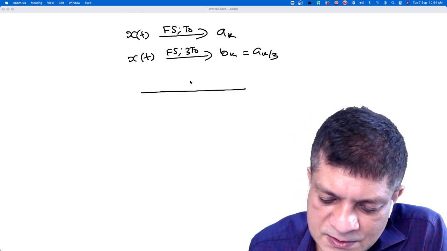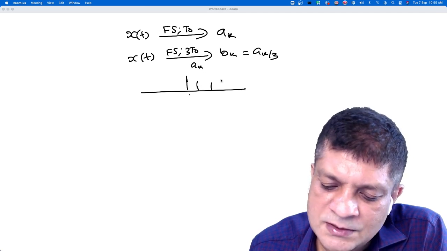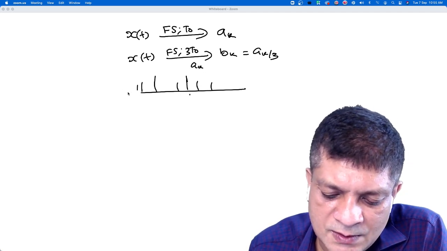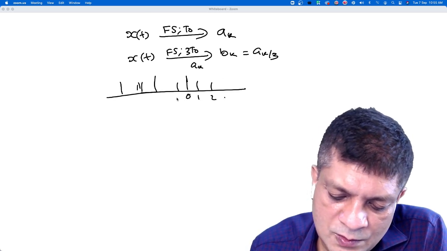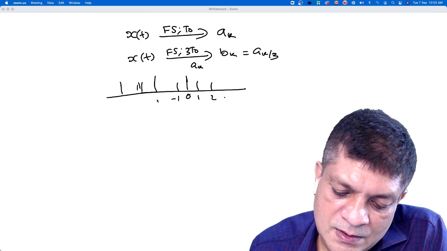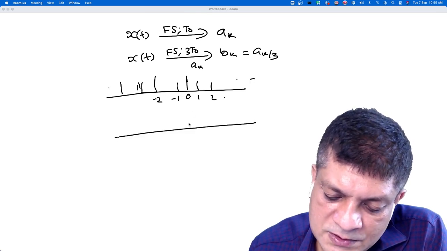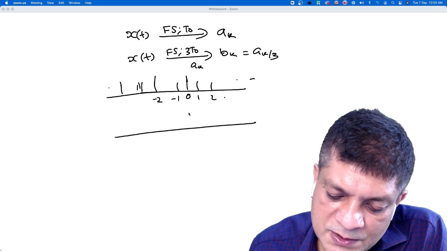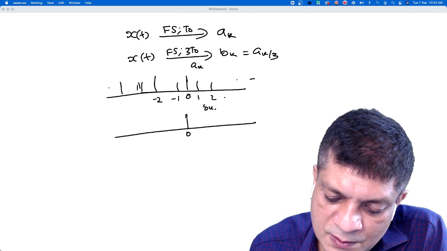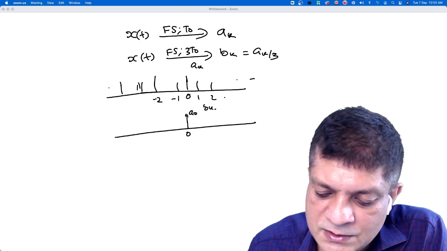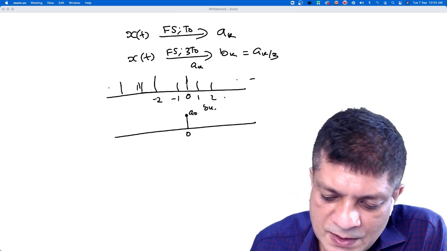If we sketch this, let's say if you sketch a_k, I'm just sketching these values: 0, 1, 2, minus 1, minus 2, like that. Now can you tell me what is b_0? If I'm sketching b_k, this is 0. Is it a_0? Is it the same?